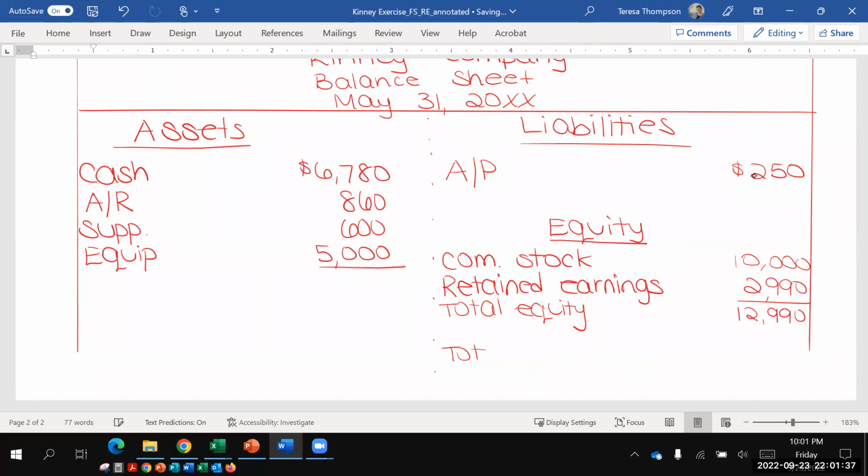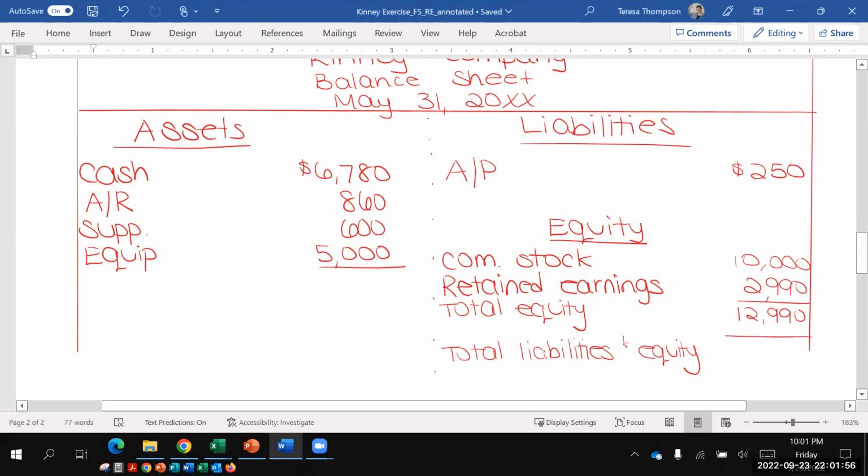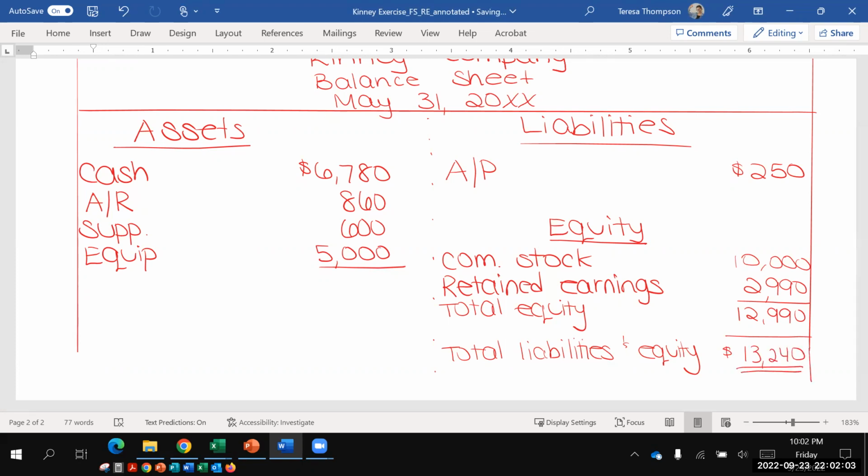Now we're going to add total liabilities and equities. Add it up, see what you get. Plus 200 plus 250. I get 13,240. Double underline. And this, I just wanted to bring down my total assets so that I could have it on the same line. So it is much easier to see.